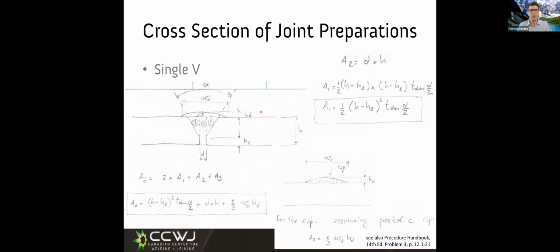How about this one that looks more realistic? In this case, what we need to fill in is all this area here. Something very interesting: after I weld, if I look at the cross section, all this part is going to be molten too. So the weld is going to look bigger than just what I marked here as 1, 2, and 3.